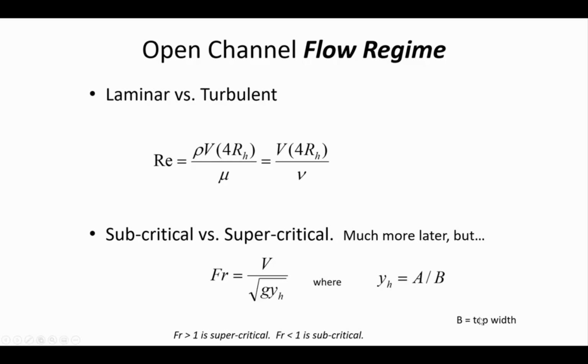So if you have a rectangular channel, the hydraulic depth is the flow depth. But if you have a non-rectangular channel, like if it's trapezoidal, then you have to calculate the equivalent depth that it would be if it was rectangular. And so hydraulic depth is the cross-sectional area divided by the top width. So with this simple Froude number calculation, you're going to classify whether the flow is supercritical or subcritical for one of the problems on the homework.